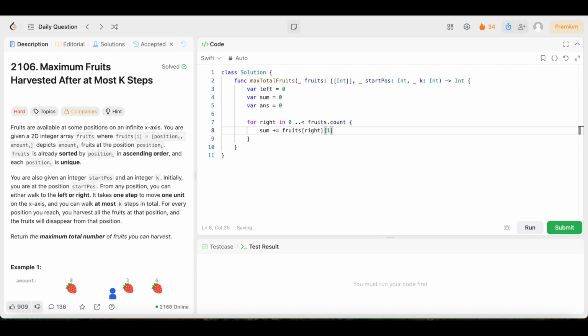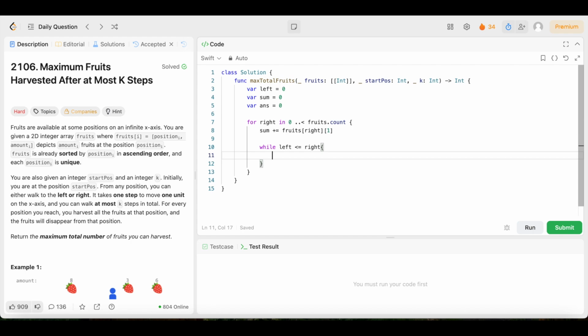Now we're going to shrink the left boundary until the walking distance is less than or equal to k, because remember, we can only move k steps. So we're going to say while left is less than or equal to right, we're going to open up the brackets. And we need to keep track of the distance from the starting position to the farthest left fruit in the window.